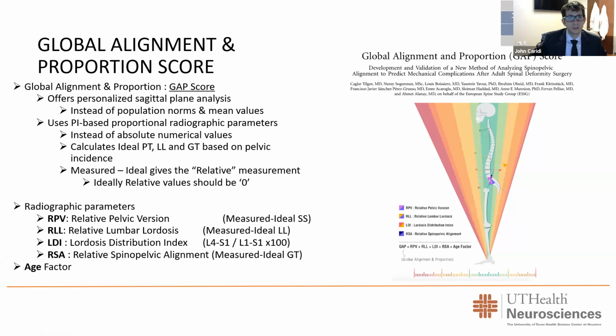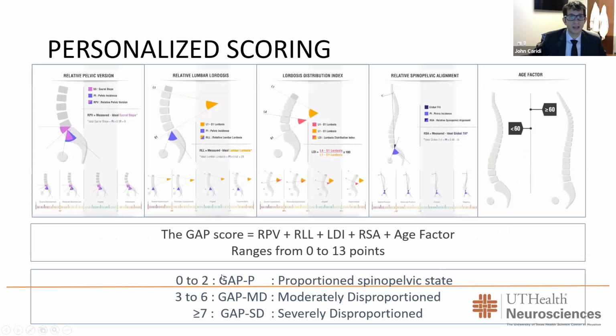And it basically uses the pelvic incidence, and instead of using absolute numeric values, creates an ideal pelvic tilt, lumbar lordosis, and global tilt based on the pelvic measurements. And so it gives a relative measurement, and all of those relatives should be 0. So it gives a relative pelvic version, relative lumbar lordosis distribution index, and then a relative spinal pelvic alignment, and then it adds in an age factor.